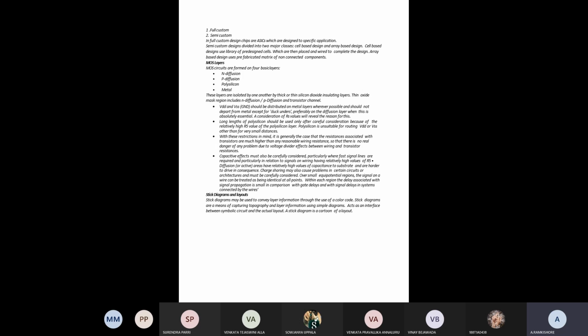That means it takes the middle position for the layout diagram. So finally, the stick diagram is a cartoon of layout. It is a simple cartoon of layout.